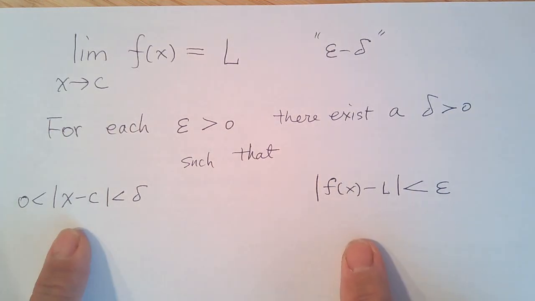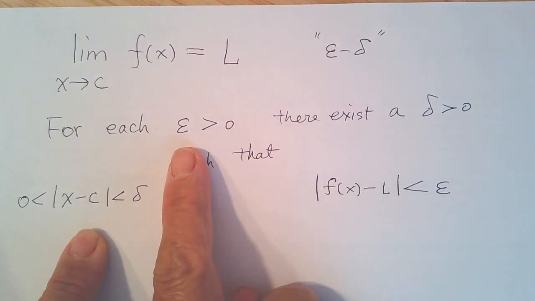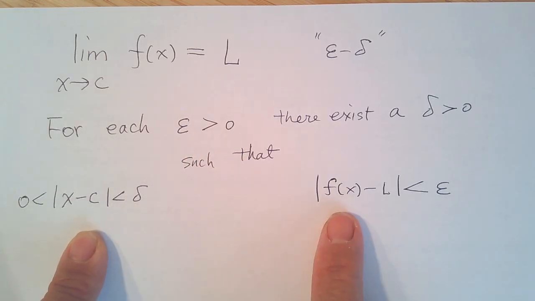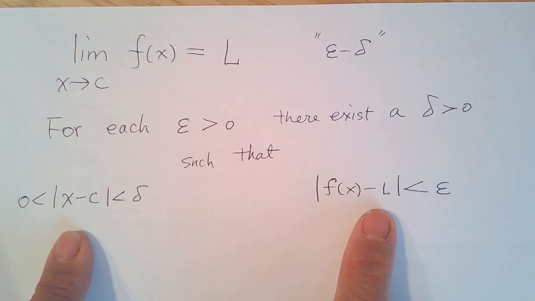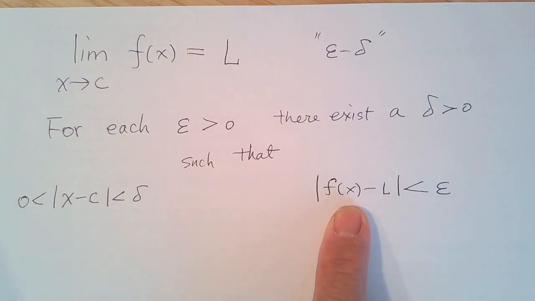So what it says is this. For each epsilon greater than 0, you want the function value at this x point, minus this limit L. But at c, f of x might not have a definition.